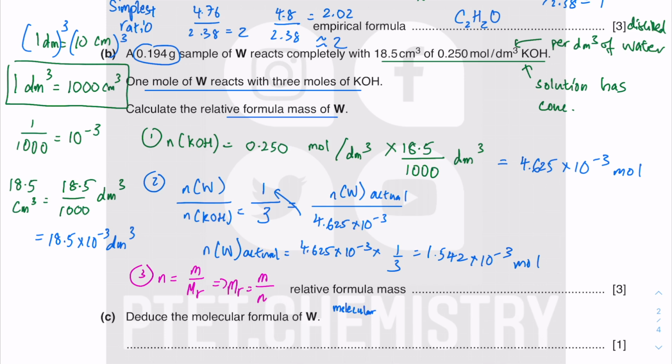So you have mass 0.194. So there's 0.194, and then you divide that by mole, which is all that thing there. So 0.194 divided by your answer.